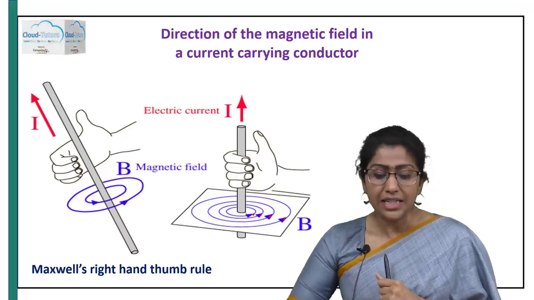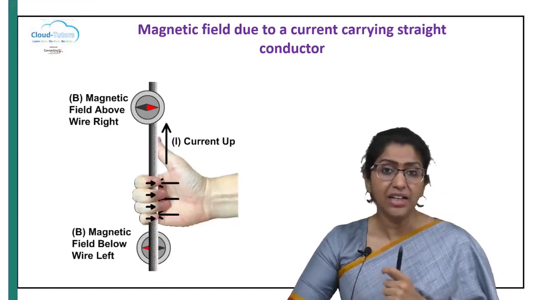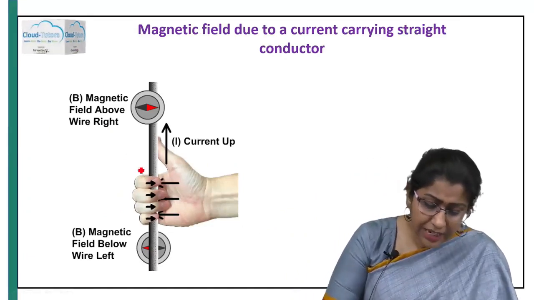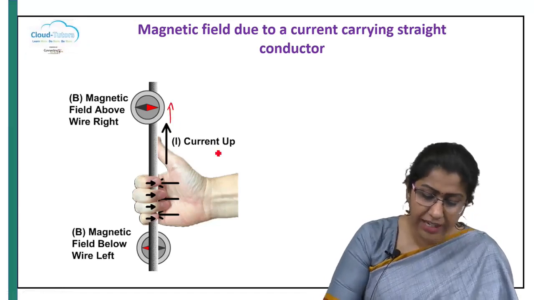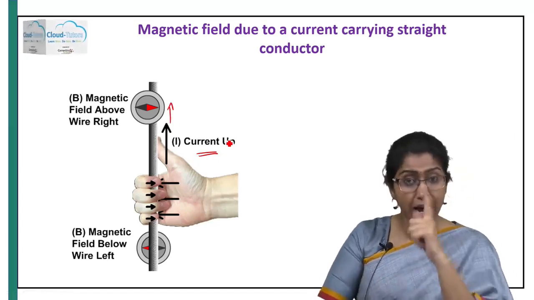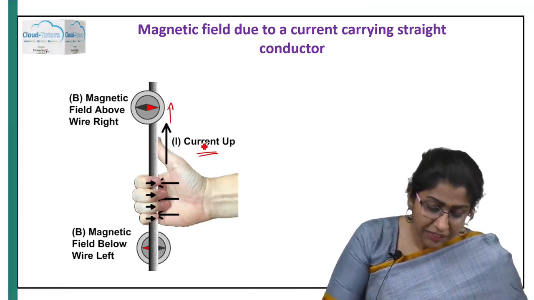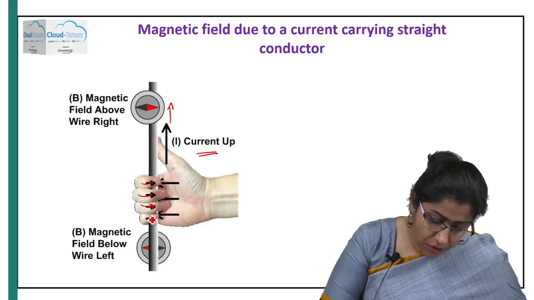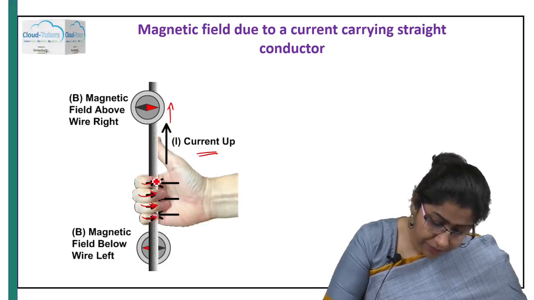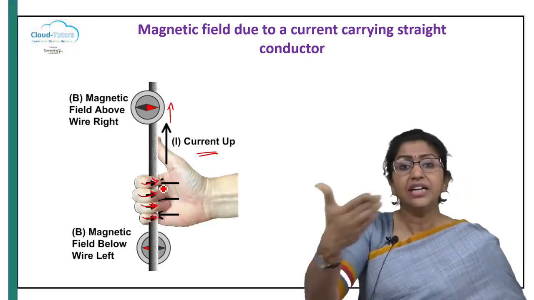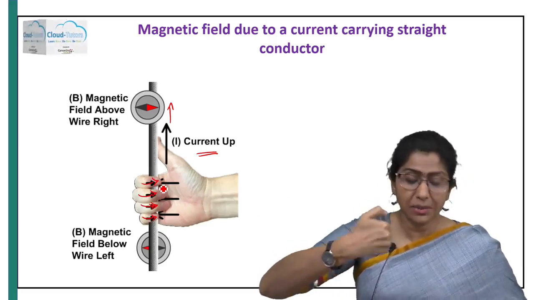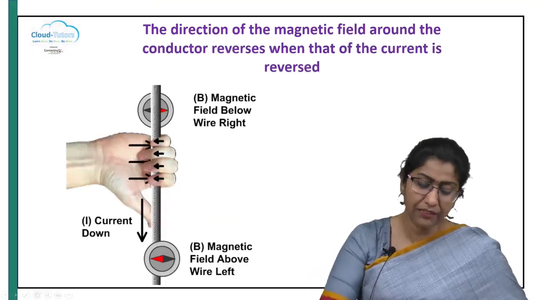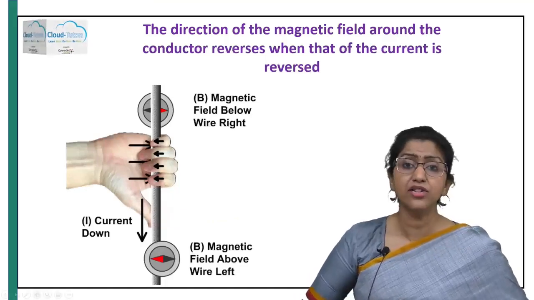Alright, this is shown better using these diagrams. So as you can see here, the right hand thumb here shows the direction of the electric current. Current is up, and magnetic field above the wire is basically shown in this fashion, correct? So the curling fingers are showing the direction of the magnetic field, and what happens if we reverse the direction of the electric current?